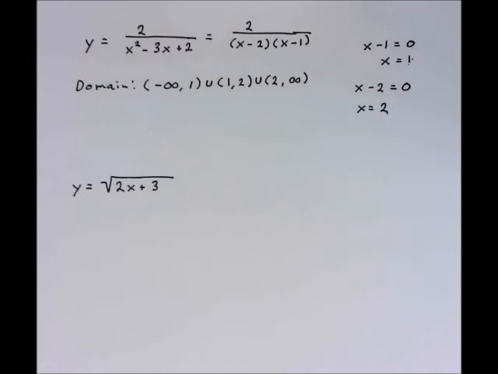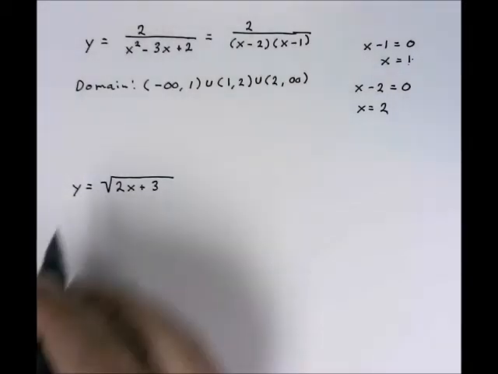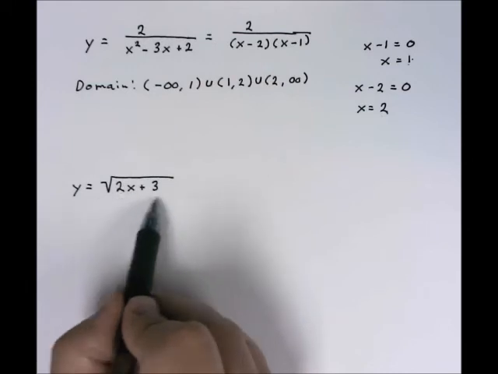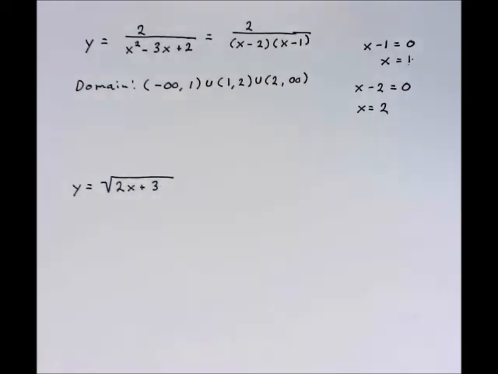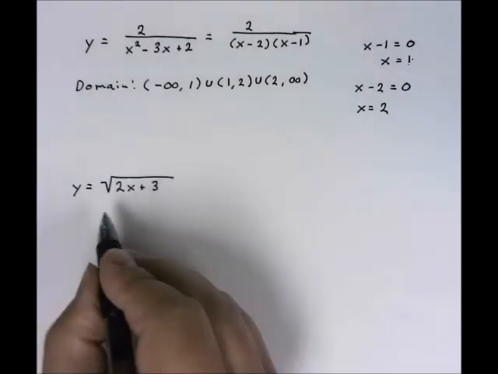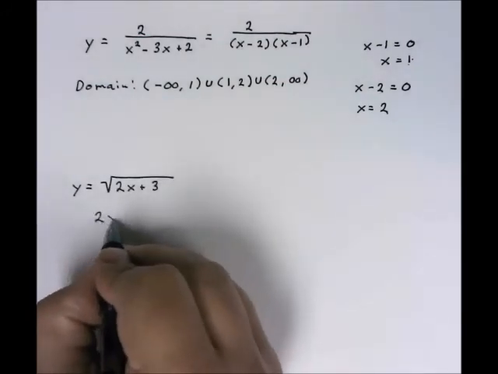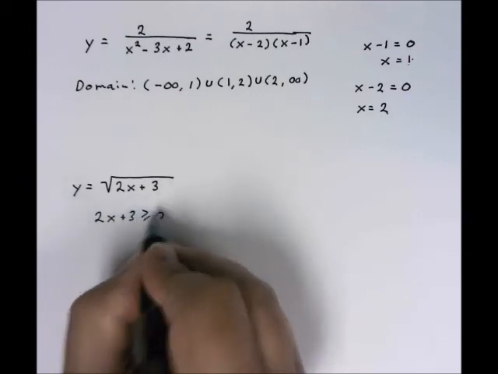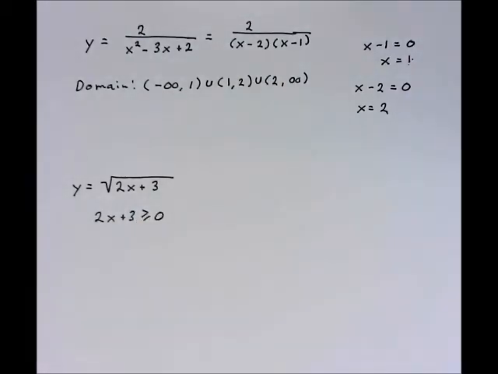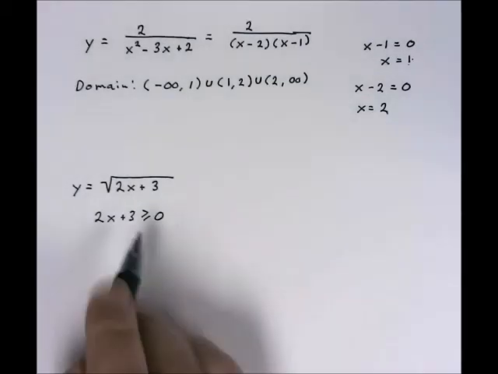Now let's try finding the domain of a radical with an even index. And the problem here is that the radicand, or whatever is underneath the radical, can't be negative. So to solve this one, I'm going to take whatever's under the radical and set it greater than or equal to 0. And then I'm just going to solve this equation. So I'm going to bring the 3 over.